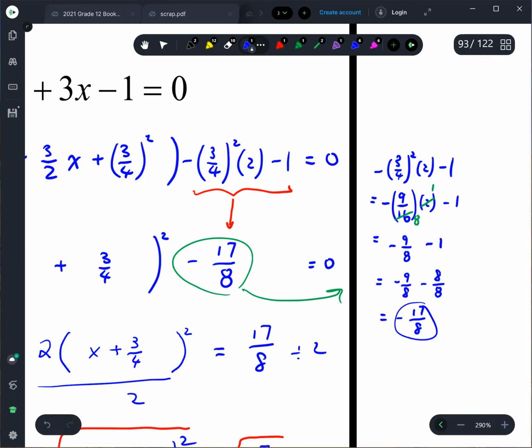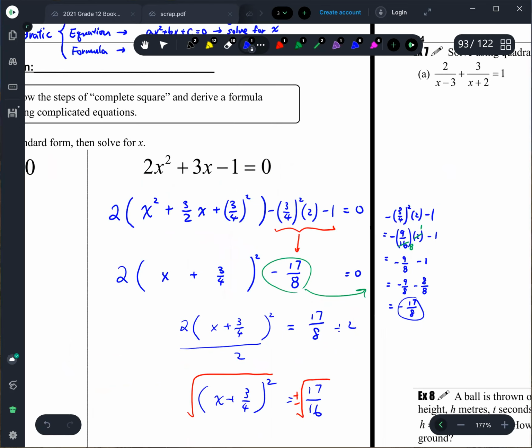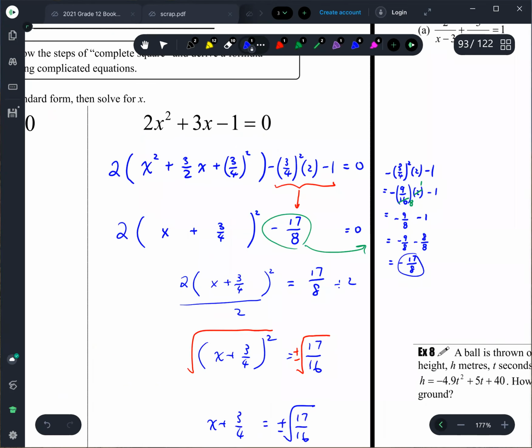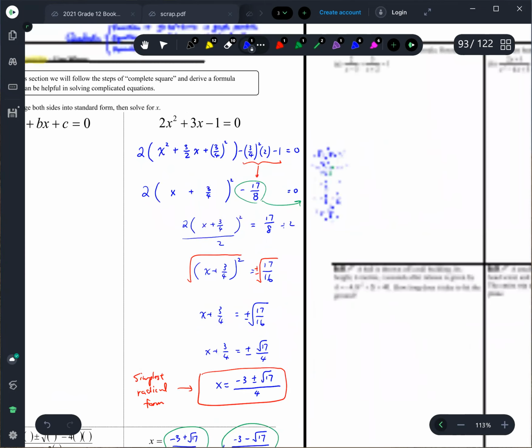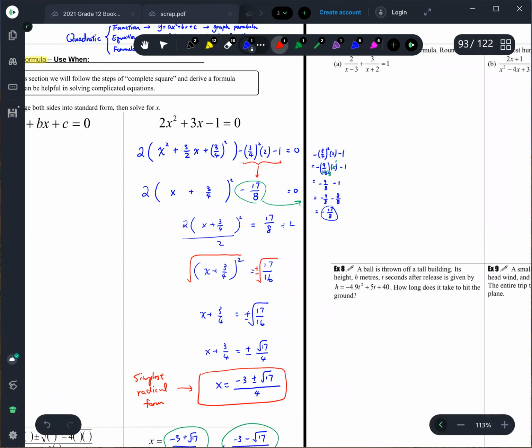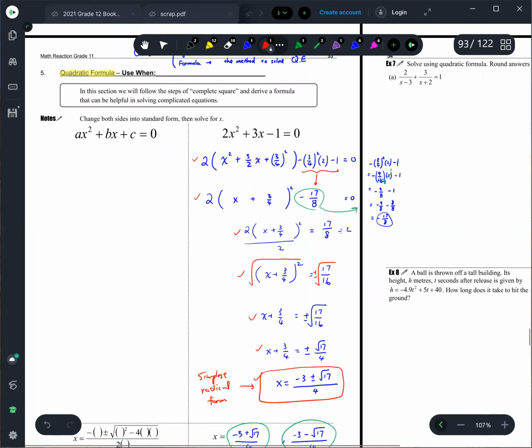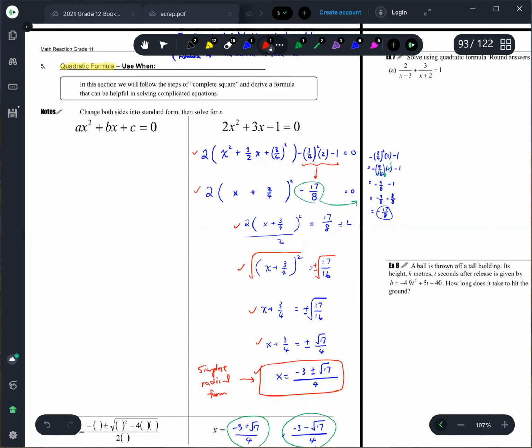So the balancing part is very important, how to simplify that fraction. Just follow order of operation. As you can see, once again, it takes us 1, 2, 3, 4, 5, 6, 7 steps. With the quadratic formula, it's going to help us get to the answer much faster.